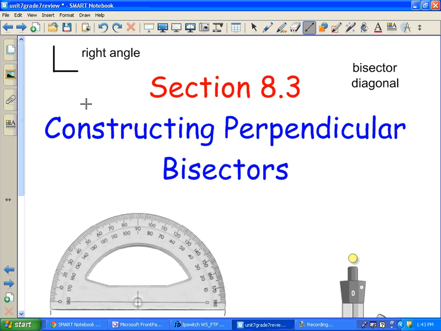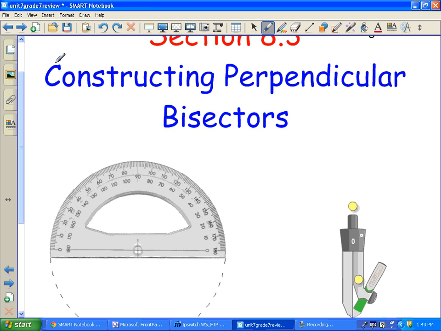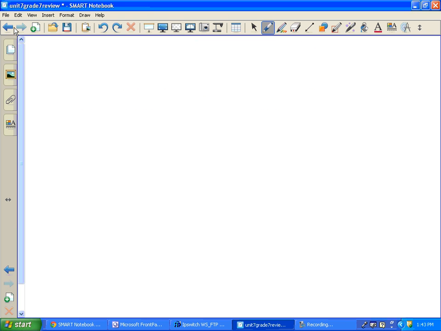That's a right angle. If I say the word bisector, if you think about bi means two, or to divide it in two. Bisector means you're splitting it up. So it splits it into two halves, two pieces, whatever. And a diagonal simply means if it's going in a straight line from one corner to another, kind of like that. That's diagonal. So we're going to make a perpendicular bisector.